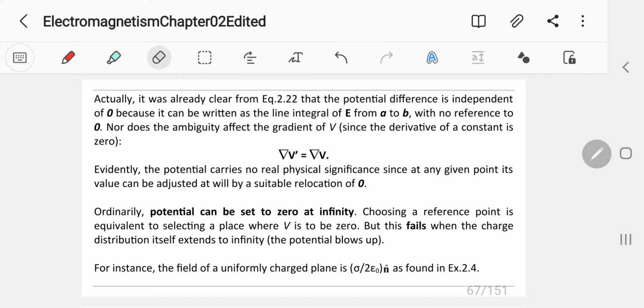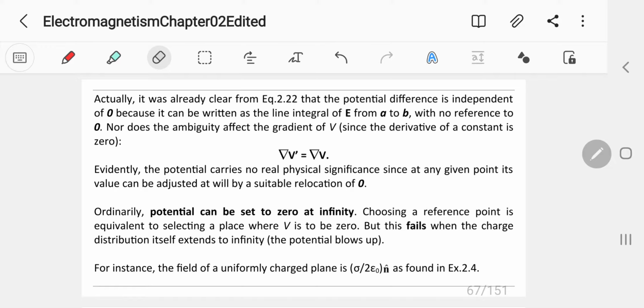Ordinarily, the potential can be set at 0 at infinity. So we can choose a reference point where the potential is 0, and this could be at infinity.